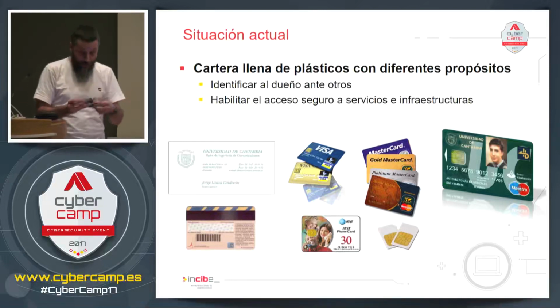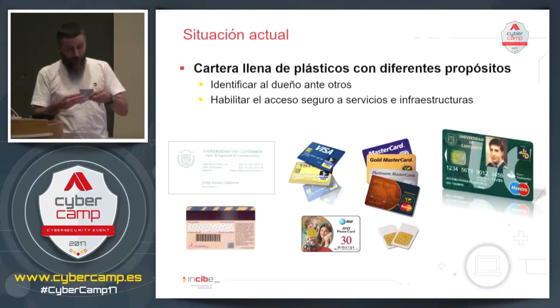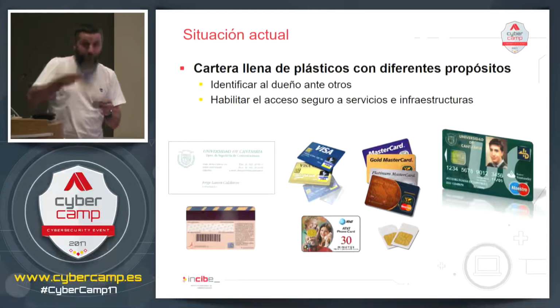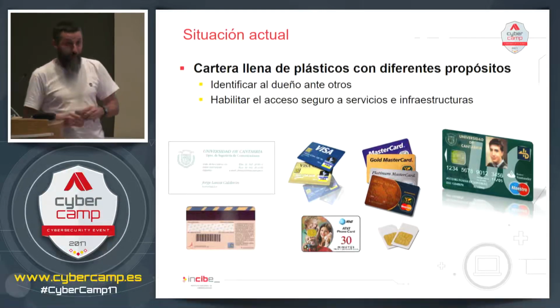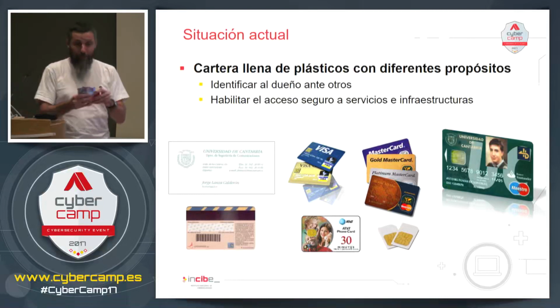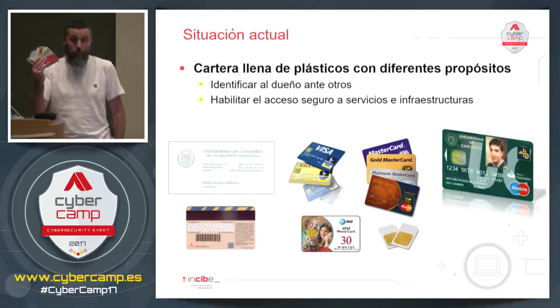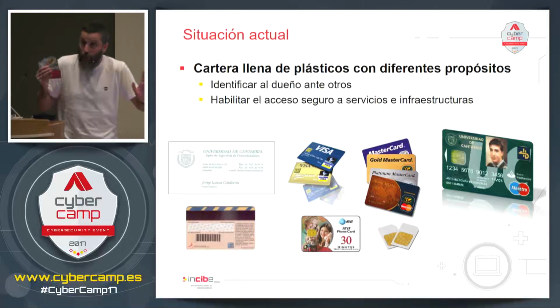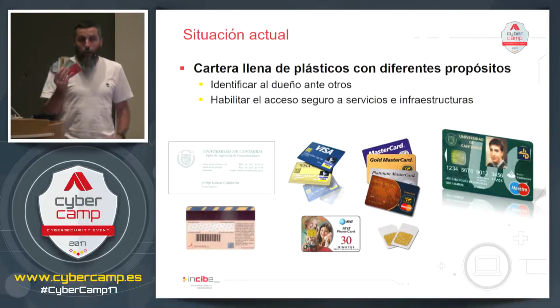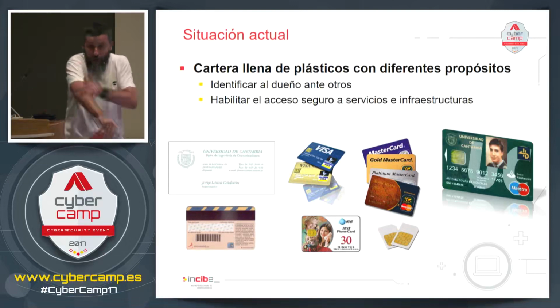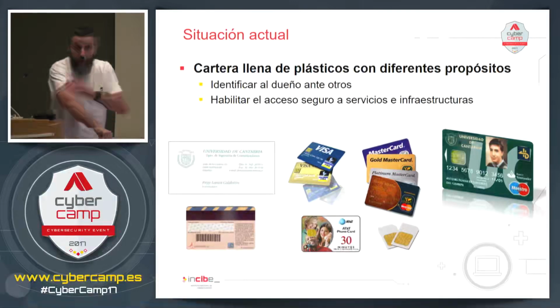I pay with these. This is university card, another for payment, another one for the gym. Then I have the bus card, etc. These series of cards, well, that's what you have in your pockets too. And I'm sure I'm right. What do you think?